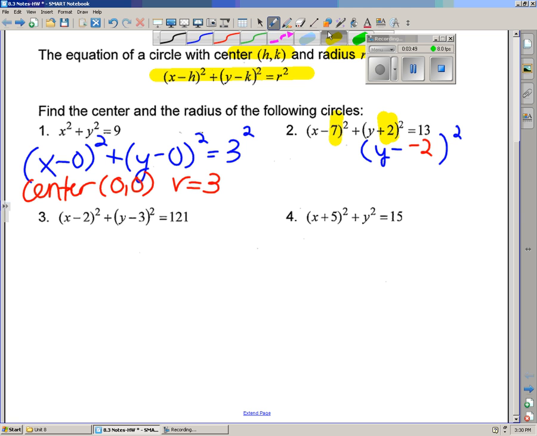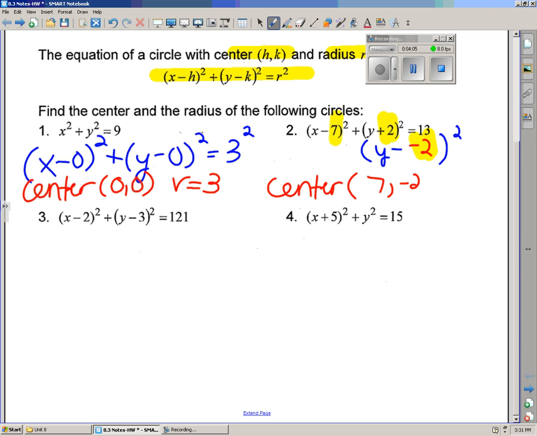So in fact, I do know what my k is. And my r squared is 13, so my radius is the square root of 13. My center is going to be (7, negative 2), and my radius is the square root of 13.